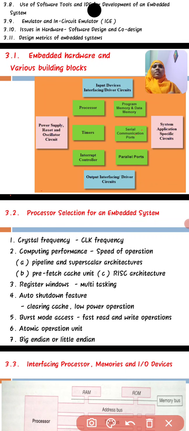That electrical wave is given to the ADC, which converts this electrical signal into digital signals. The second converter is the DAC, a digital to analog converter, which converts digital signals into analog signals. Output devices are also called actuators.